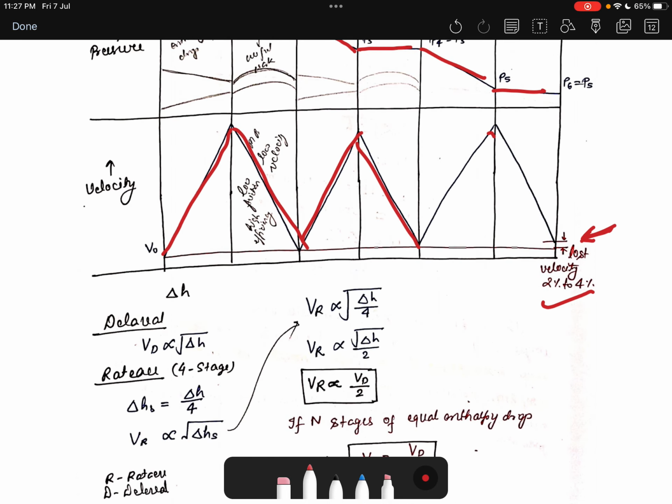So here what we can see is, what is the velocity of the De Laval turbine? The De Laval turbine is the difference of the pressure drop of a single stage. It is the single stage.